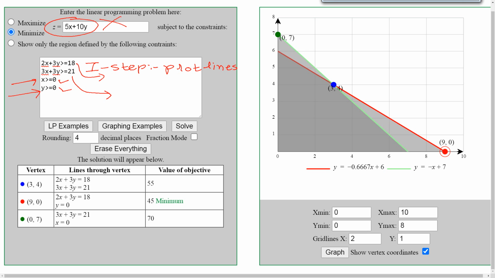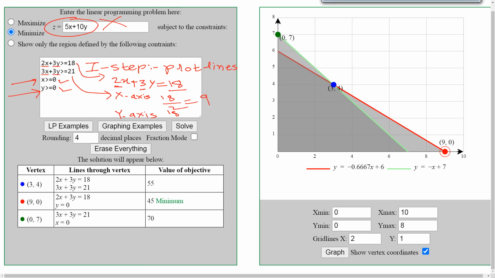So the first line which we are going to plot is 2x plus 3y is equal to 18. What is the point on the x-axis for this line? The point on the x-axis is given by c upon a, that is 18 upon the coefficient 2, so 18 upon 2, which is equal to 9. And the point on the y-axis is given by c upon b, that is c upon the coefficient of y, which is 3.